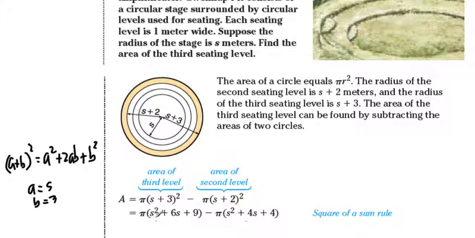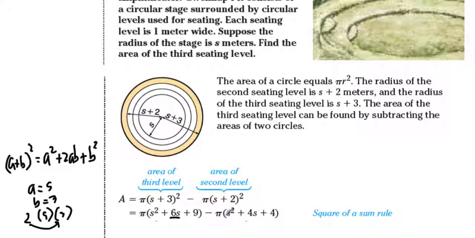Okay, so this becomes now s squared plus 6s. Why is it a 6s? Because you talk about 2ab, and 2ab is 2 times s times 3, and 2 times 3 is 6, and that's the reason why you have 6s. 9 simply is because it's 3 squared.